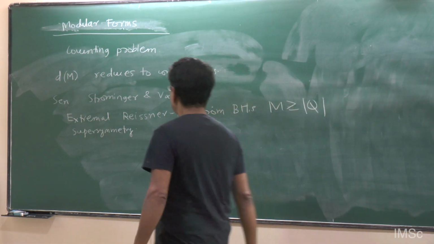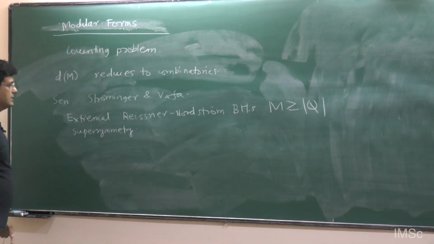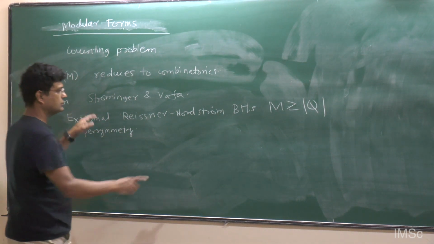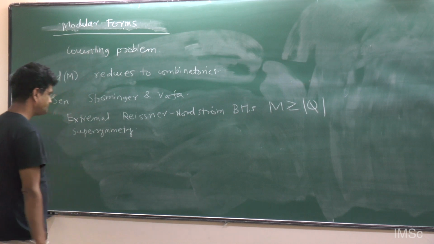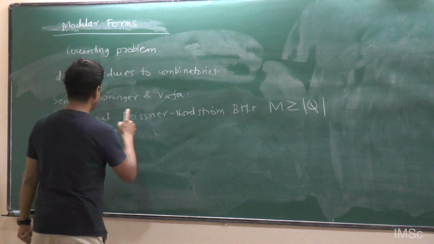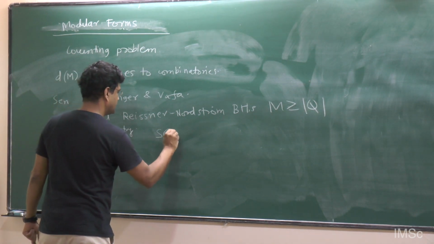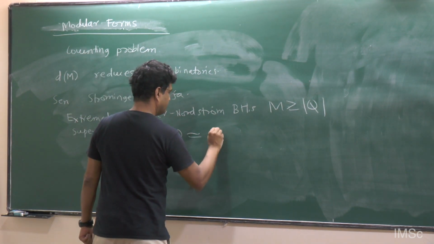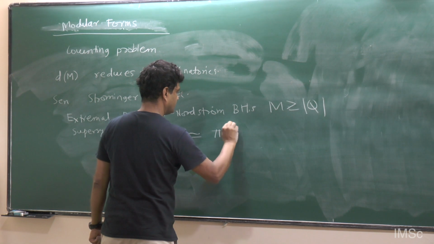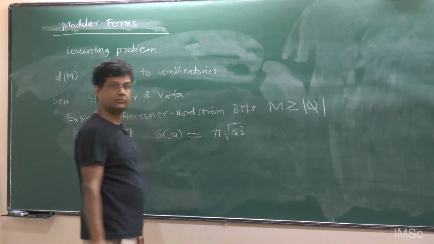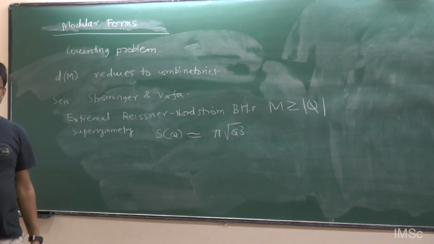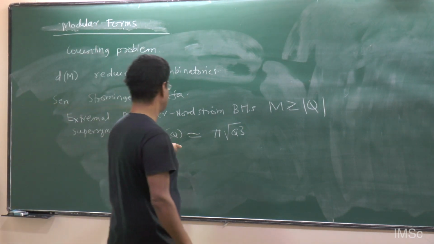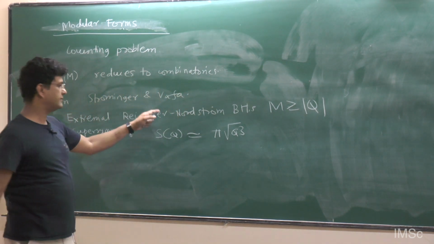And in string theory, for a certain class of black holes with charge Q, for example, the entropy depends only on the charge, and it goes as, if I remember correctly, pi times square root of Q cubed, for some particular black hole that Strominger and Vafa considered.